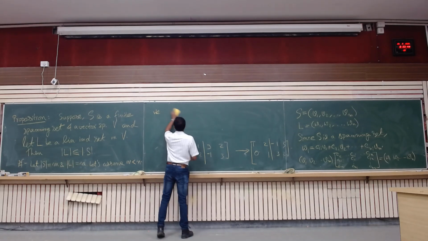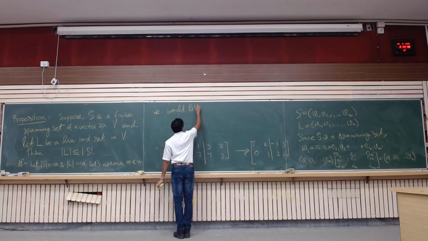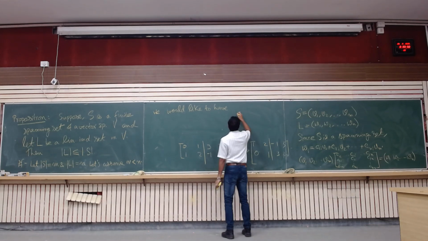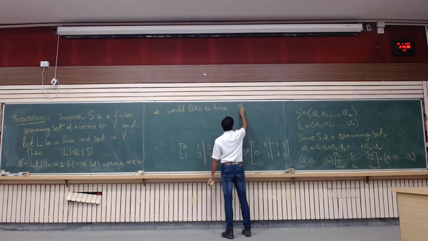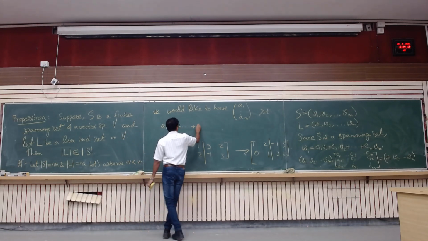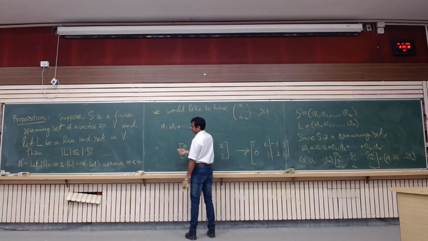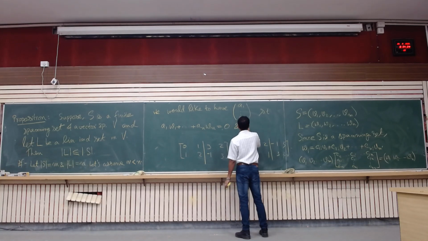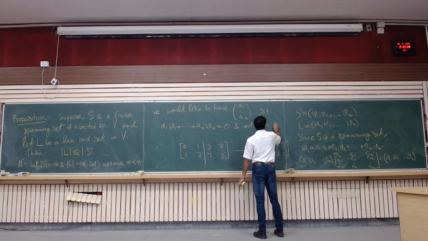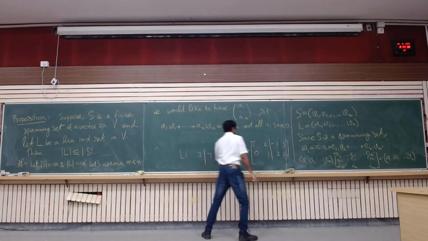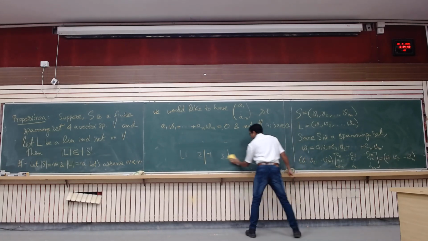Okay, so we would like to have a set of elements a1, a2 to an, a set of n elements from the field over which V is defined, such that a1 times w1 plus dot dot dot plus an times wn is equal to 0 and not all of these ai's are 0.